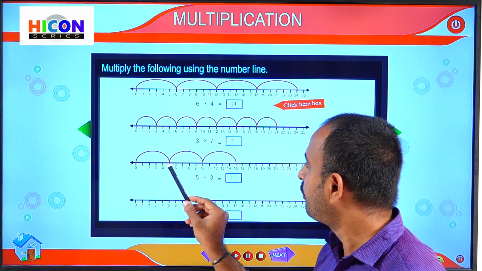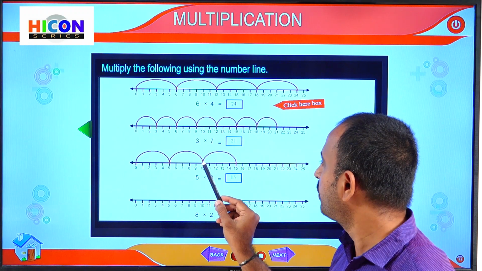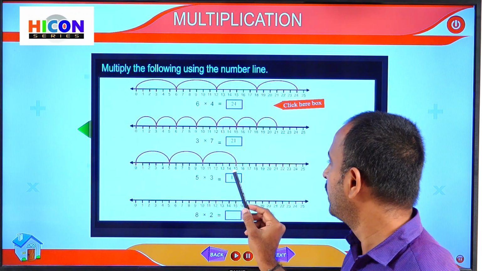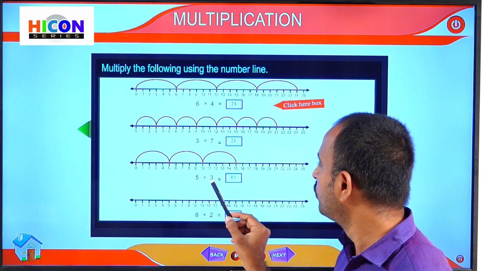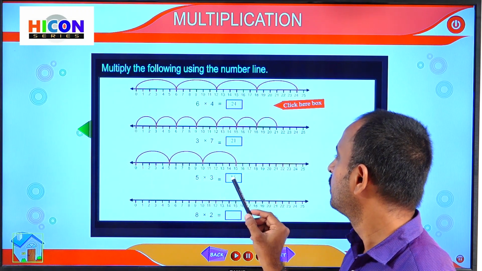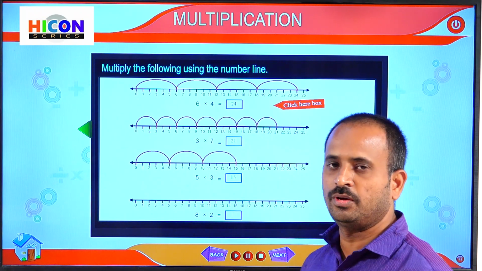And again 5 to 10, it is step 2. And again from 10 to 15, this is step 3. And finally we have reached the number 15 on the number line after moving 3 steps. So the answer is 15. 5 3s are 15.